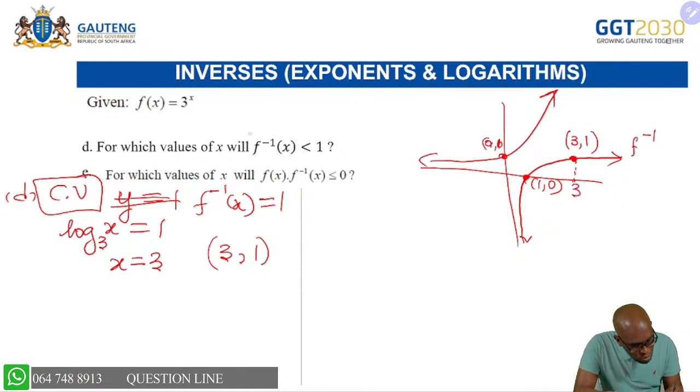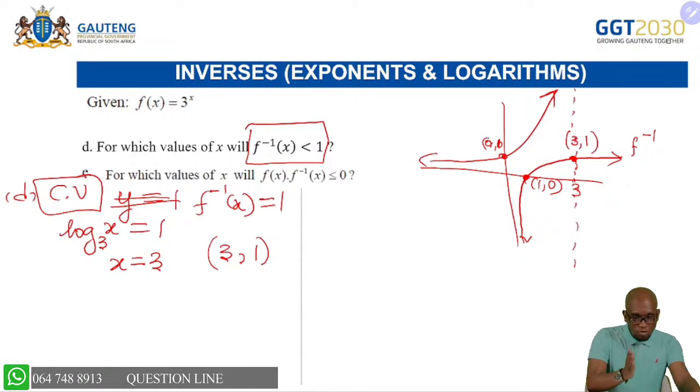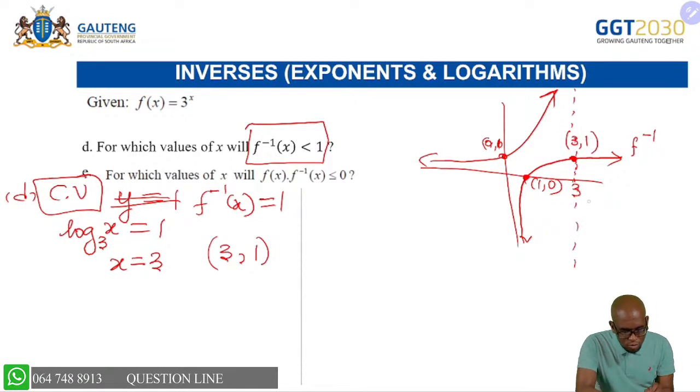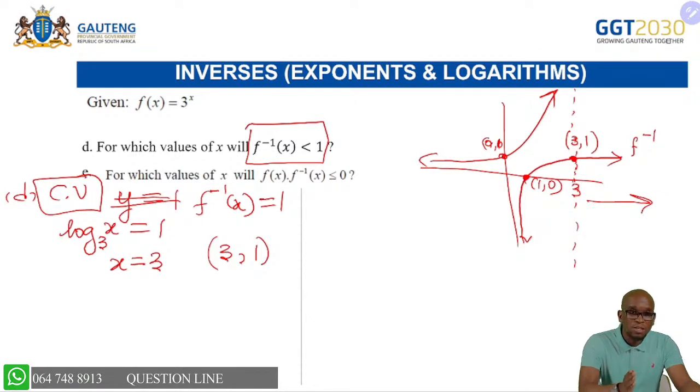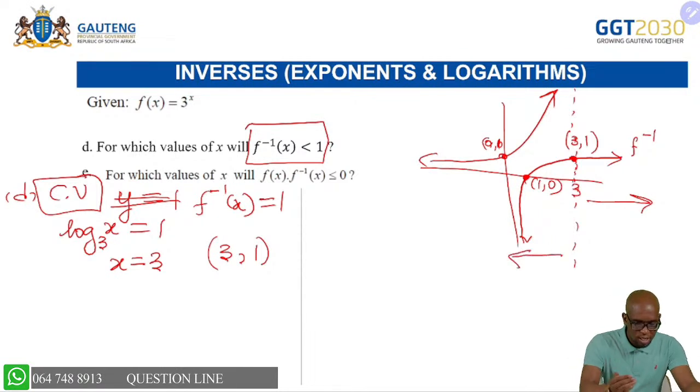So we want to know where the y values will be less than 1. Now if you check here, this is the line that we're going to be interested in. If you move to the right hand side, you can see the values of y are increasing. But if you move to the left hand side, you can see that the values of y are decreasing.